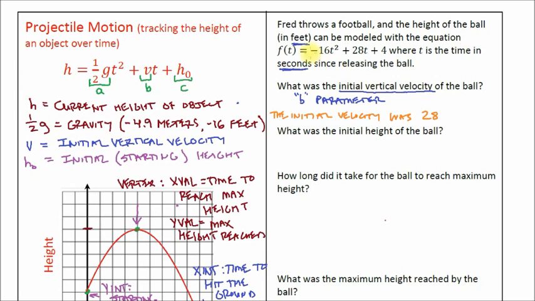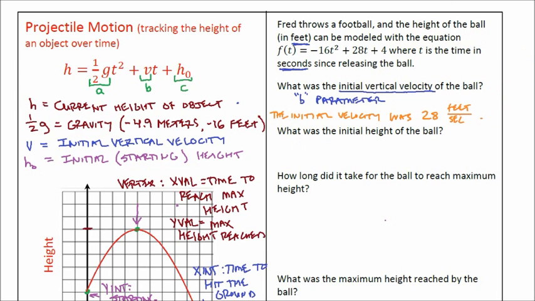In this case, it's going to be feet per second, because feet is how we're measuring height, and seconds is how we are measuring time. Maybe you want to just go ahead and write out the word feet. I have space for that, so I might as well do that. So 28 feet per second. All right, first question, easy.